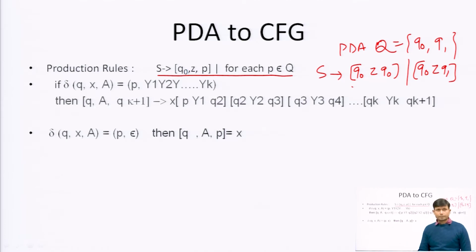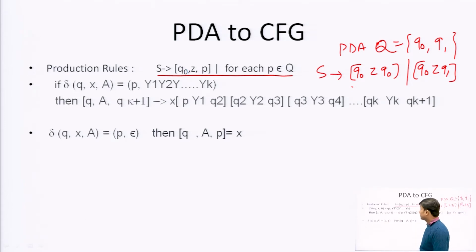From the starting symbol, you have to derive the variables. These are all variables. You can say this is a unit production, S to Q0 Z Q0, S to Q0 Z Q1. So this is the first rule of finding the productions.